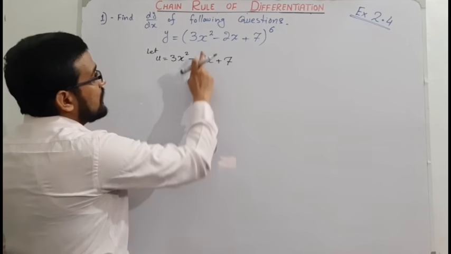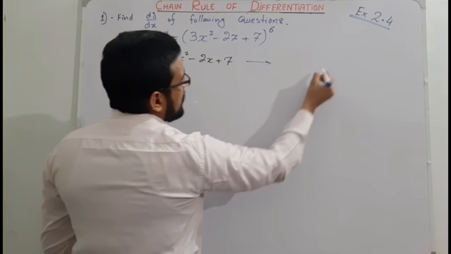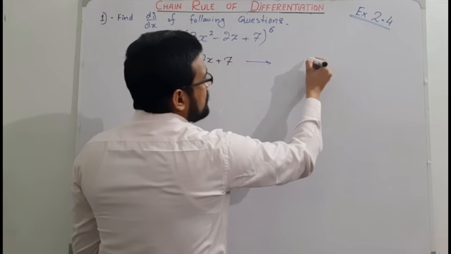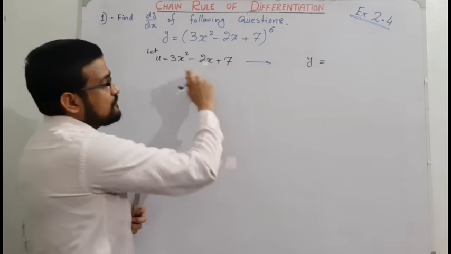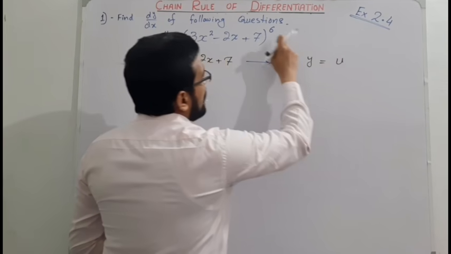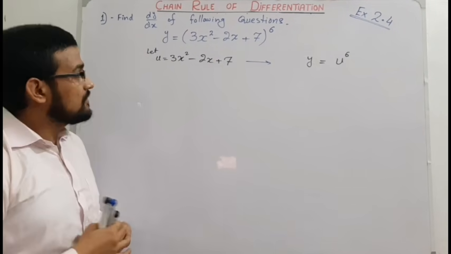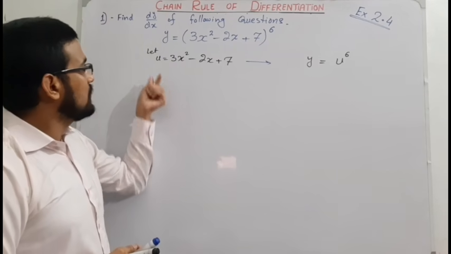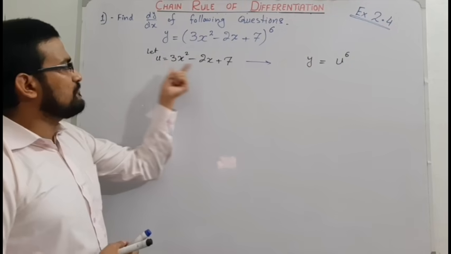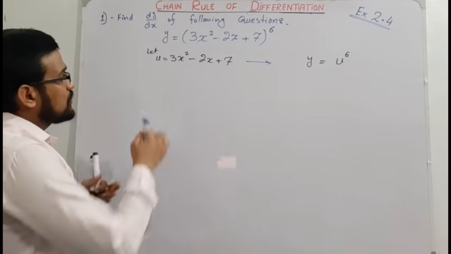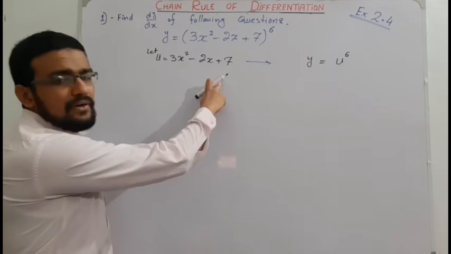So if we let this be u, then y becomes y is equal to u, whole power 6. Okay, these are two functions, u and y. Y is a function of u and u is a function of x. It means u is dependent and x is independent.